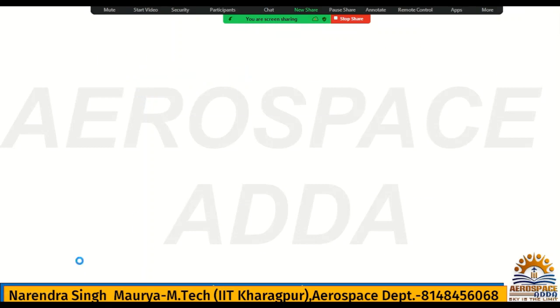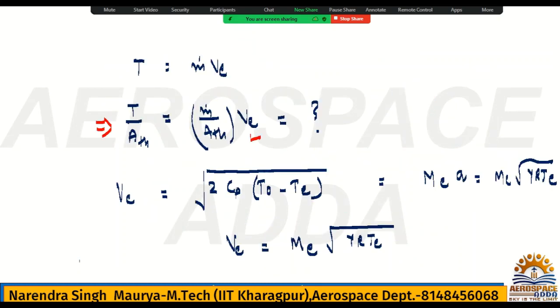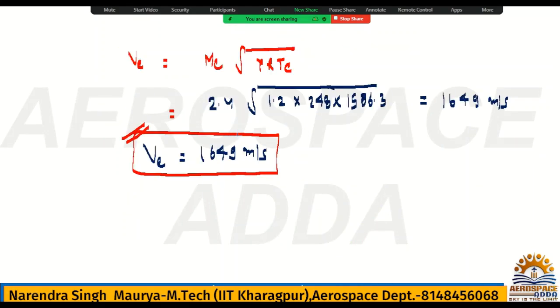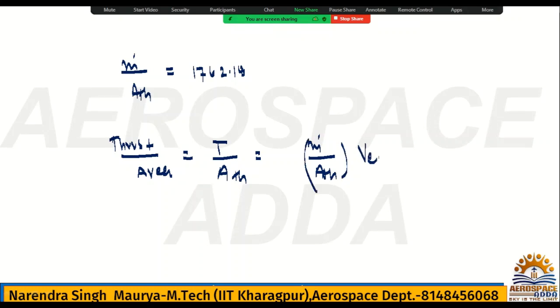Now they are asking in this problem for thrust per unit area, right? I have told you thrust per unit area is nothing but mass flow rate per unit area into exit velocity. So thrust per unit area, T divided by A, is mass flow rate by area into V e.